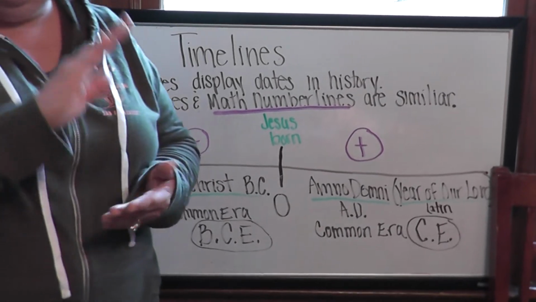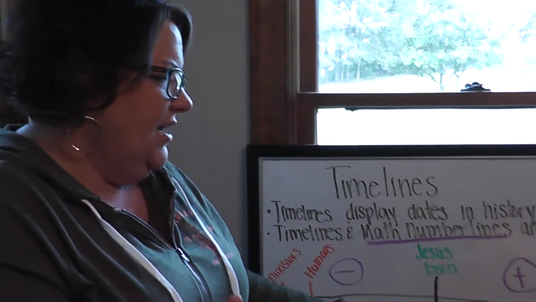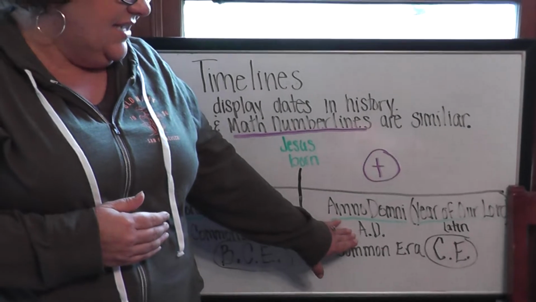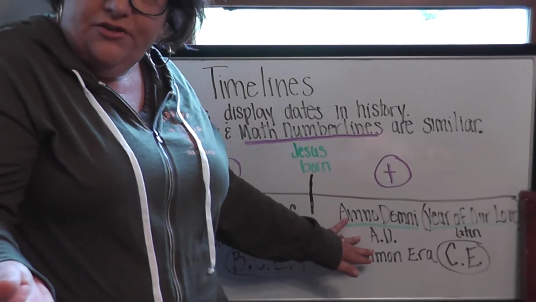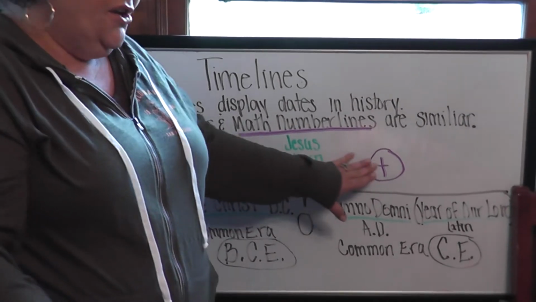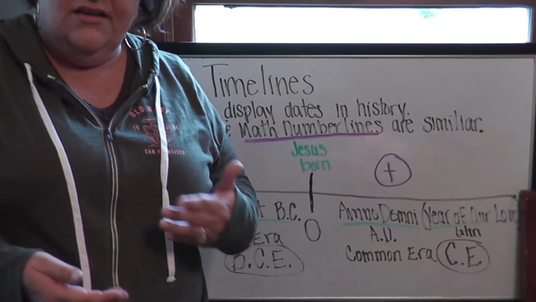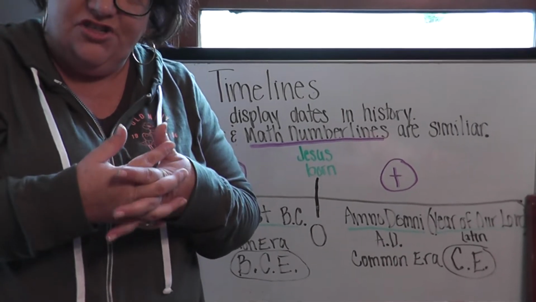So on the right side of the 0, we're talking about after Jesus' death. So when you think of the AD side, or we really should be using the CE side, that is like your positive numbers on a math number line, to make that comparison and connection to math.